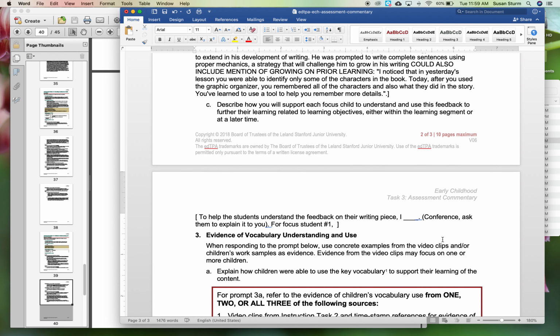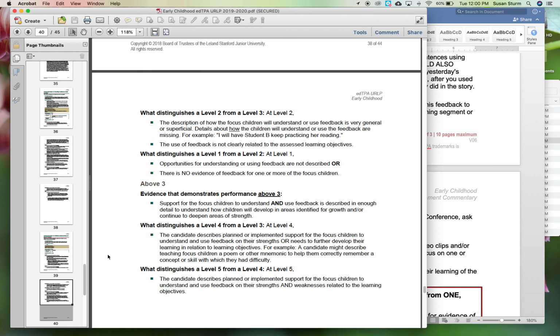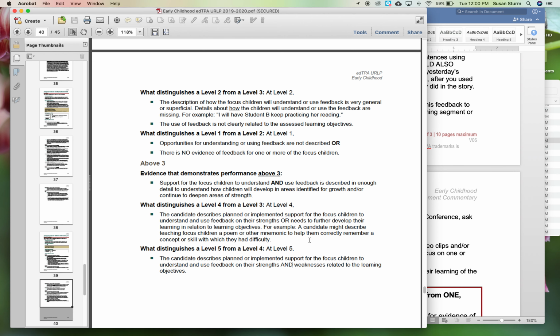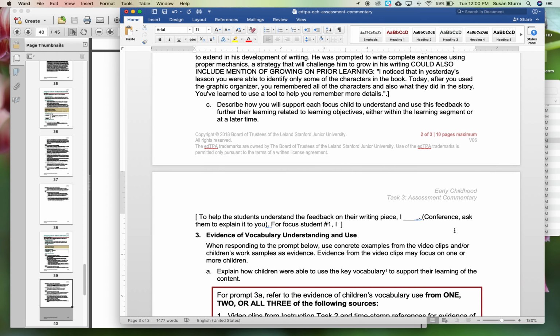Okay, so for focus student 1, I gotta keep looking back. Planned or implemented support for the students to understand and use their feedback based on their strengths and weaknesses.